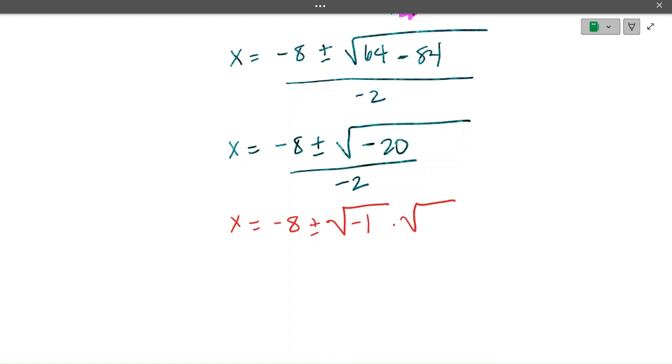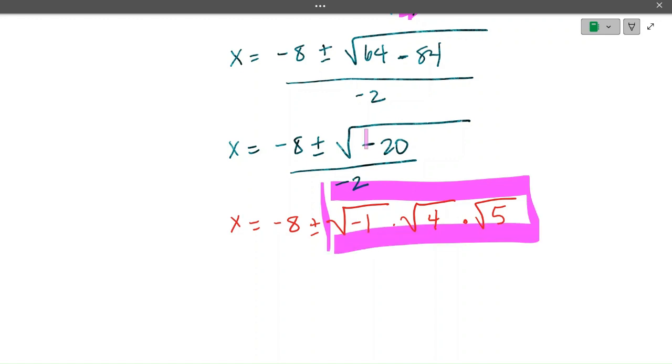In this case, it's 4, right? Because 4 times 5 makes 20. 4 is a perfect square, so we're going to pull that out. And then I'm going to multiply this by 5. So these 3 numbers, when I multiply them together, should make this number. Okay, and now I just have -2 in the denominator here.